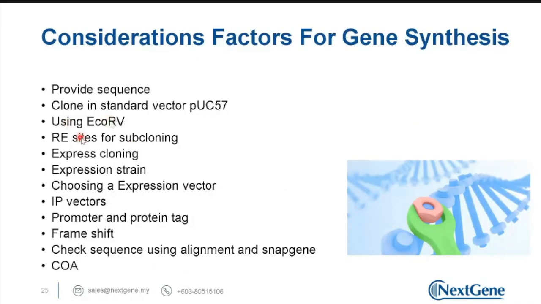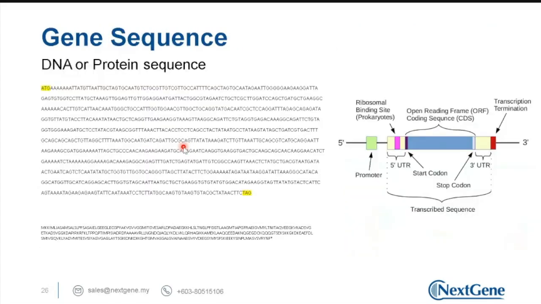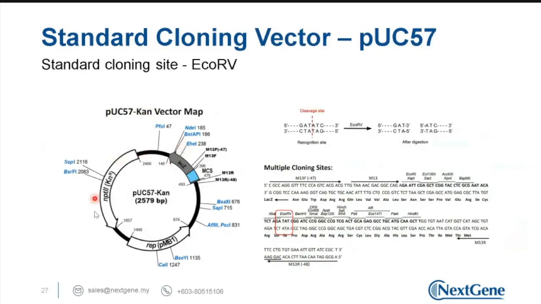So the next consideration will be, do you want to include a restriction enzyme recognition site for subcloning purposes? Basically, after we deliver this vector with your gene or sequence inside, do you plan to transfer the gene fragment out, or release it from this vector or not?